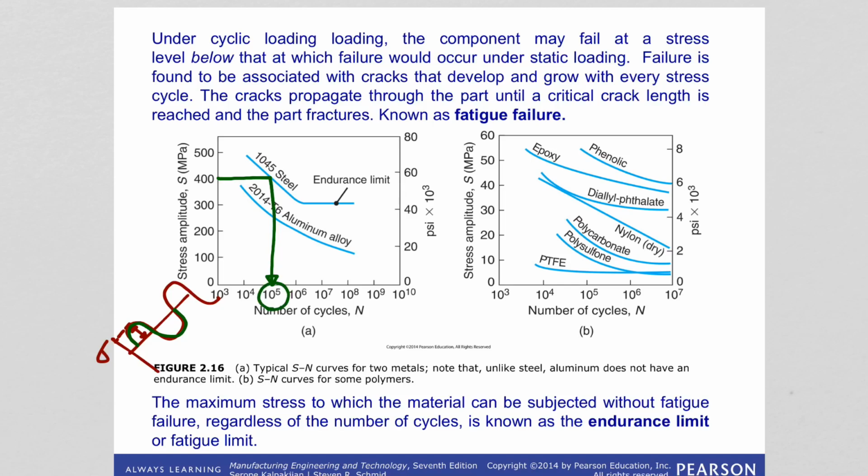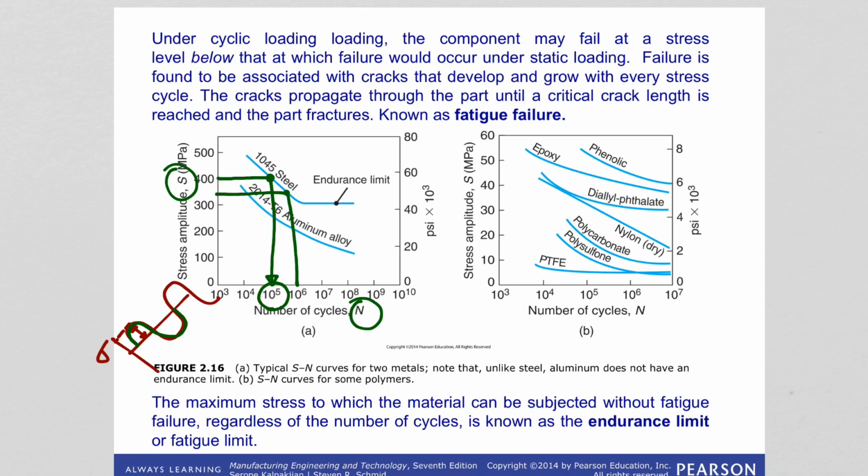So first they determine the first point, and then they lower the stress, let's say to here, and then they figure out this is the number of cycles to failure. And this is how they record SN curves to get information about the fatigue failure.